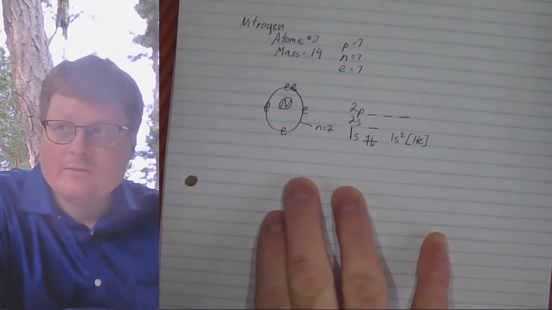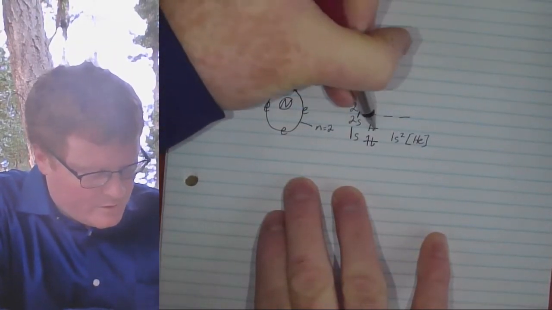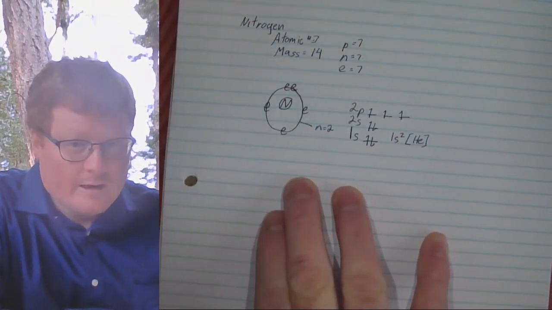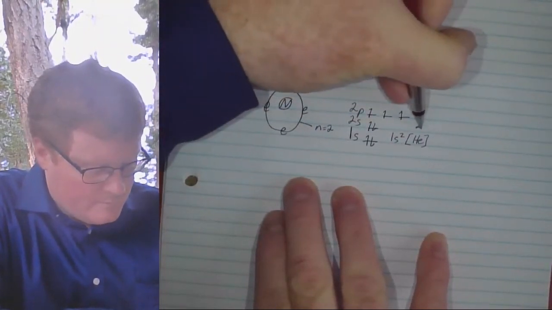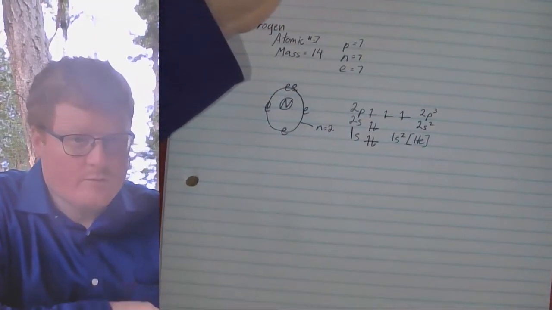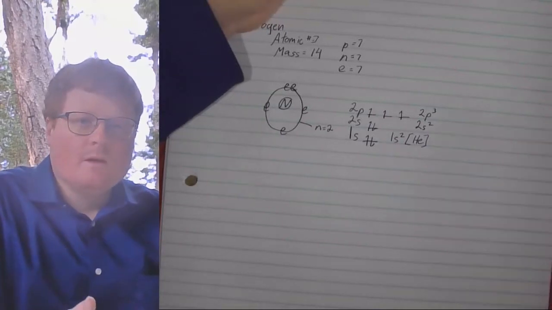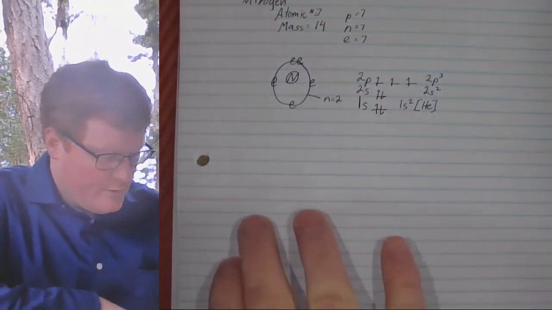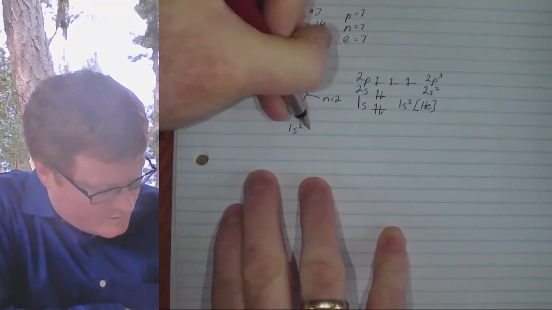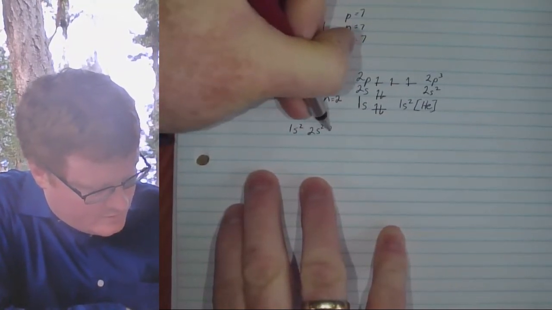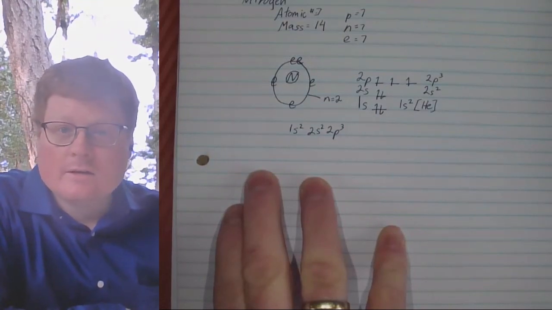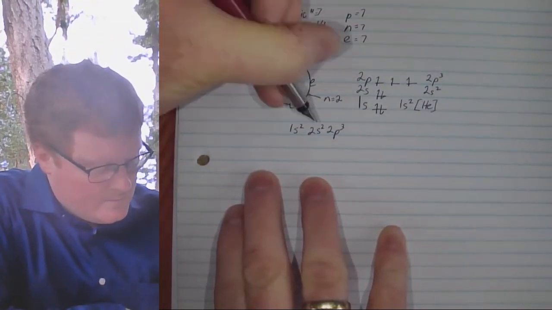How many electrons do we have? We had 5. 1, 2, 3, 4, 5. 2s2, 2p3. So I could go through and I could say, well, nitrogen, it has a 1s2, 2s2, 2p3 electron atomic configuration.